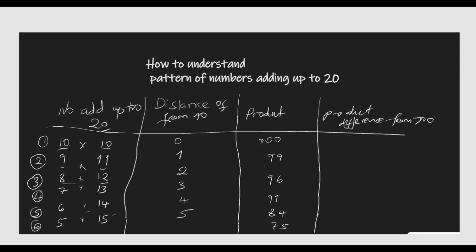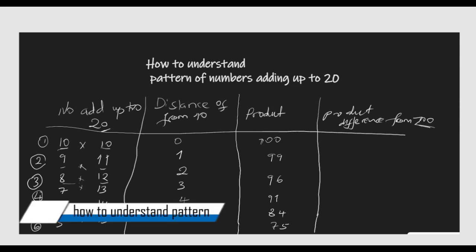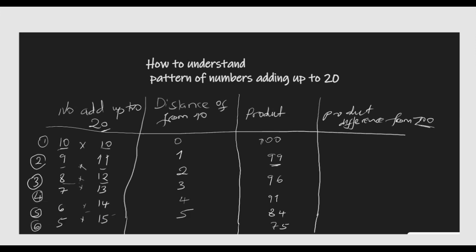Now, the most important thing that I want to share with you is the pattern. Now you see what is happening. You see that the distance between these numbers is only giving you 1, 2, 3, 4, 5. And now let's have a look at the difference between that number and 100. We'll look at the product differences from 100, because 10 times 10 is equal to 100.